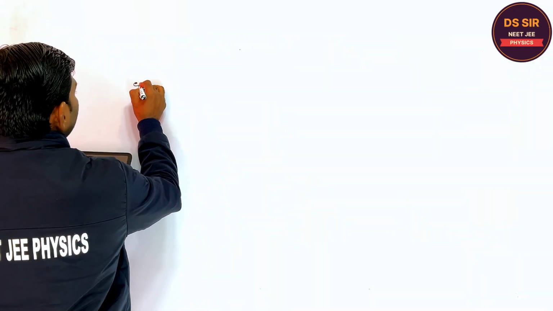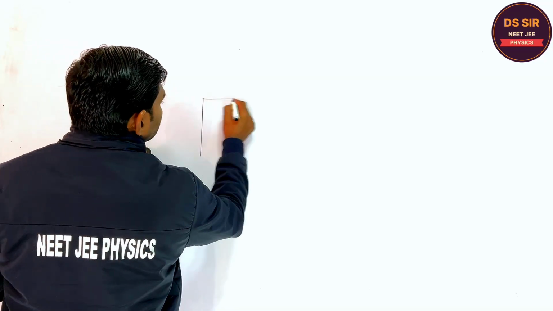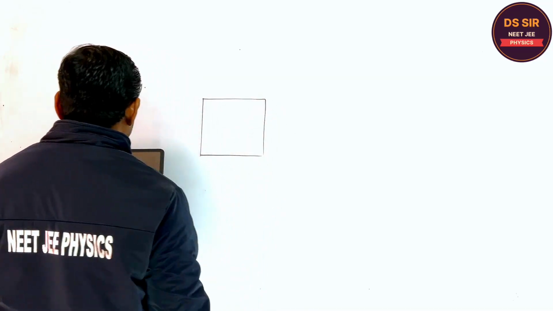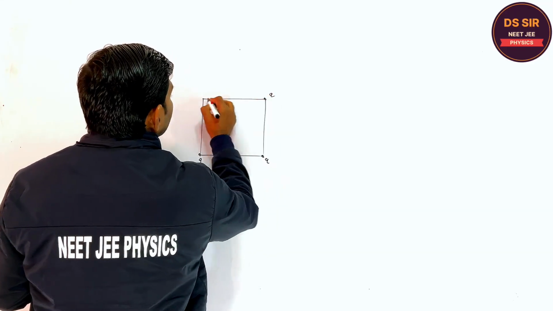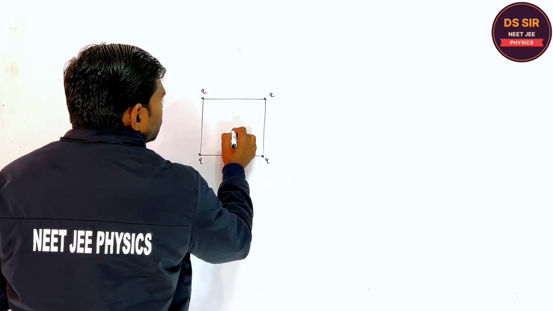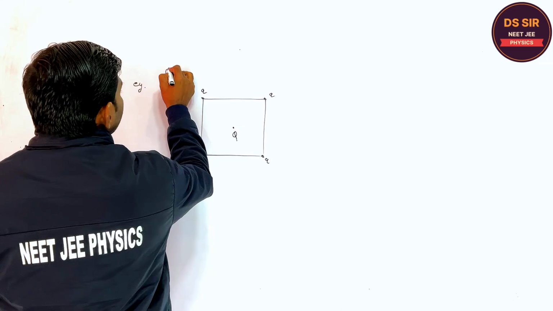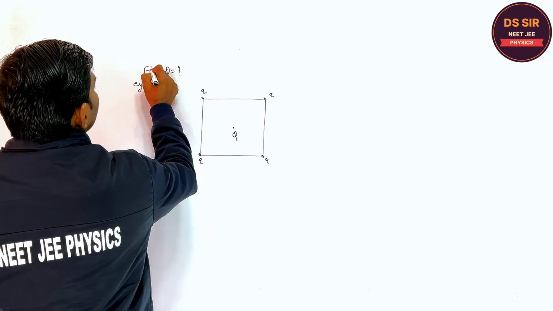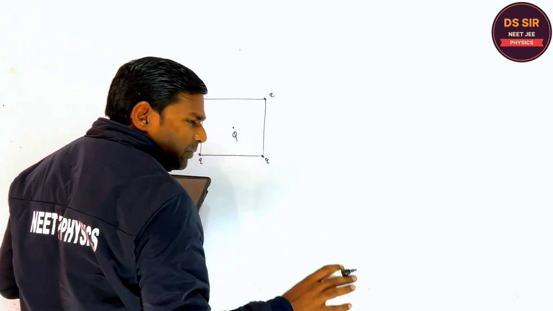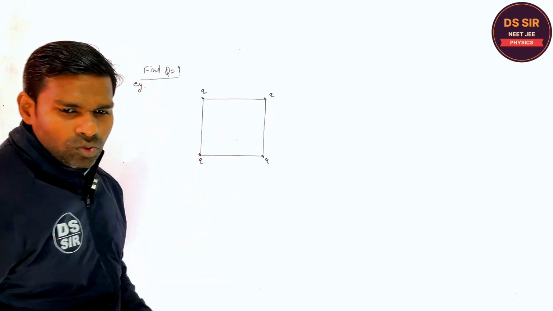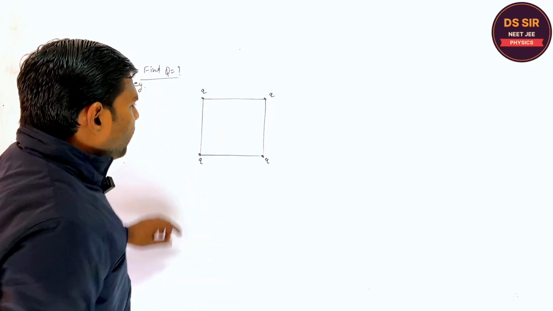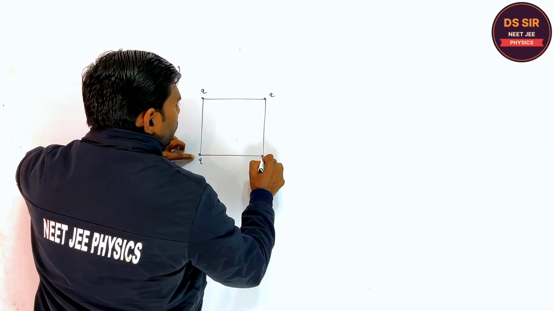So for example, in the next question, suppose this is the square. All right, this is q, this is q, this is q, this is q. So you have to find again the value of capital Q, so that the system remains in equilibrium. All right. So what you have to do? Again, you will find the force.